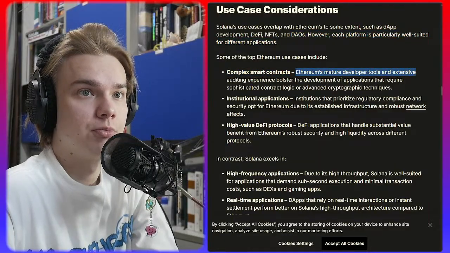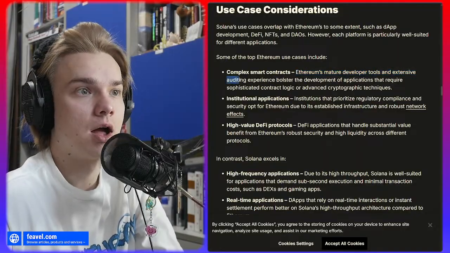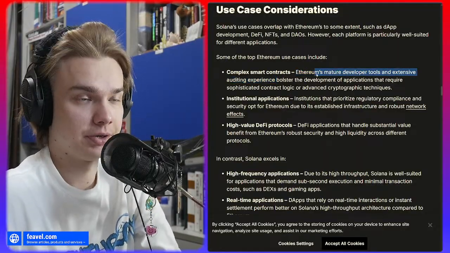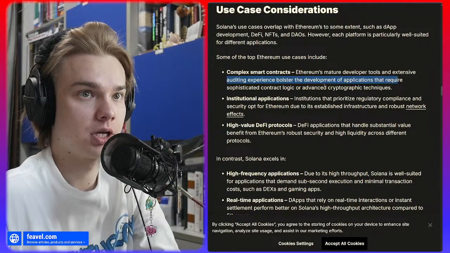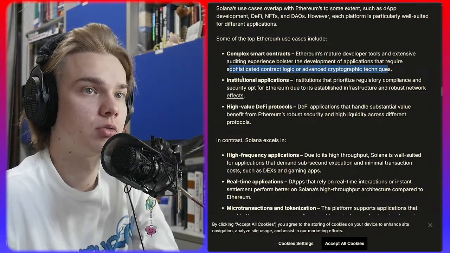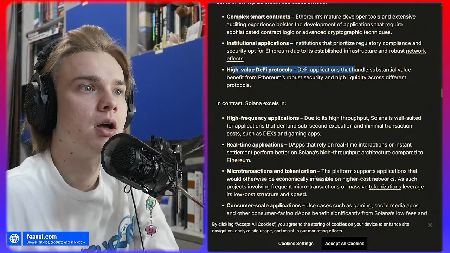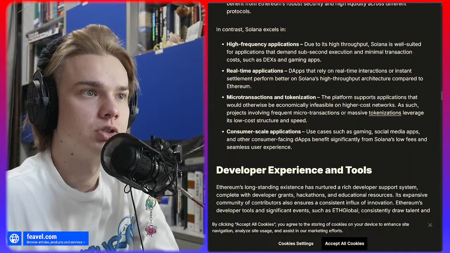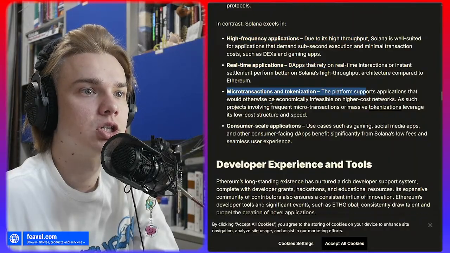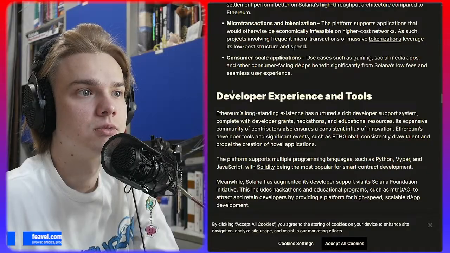Ethereum's mature development tools and extensive auditing experience bolster the development of applications that require sophisticated contract logic or advanced cryptographic techniques. Institutional applications. High-value DeFi protocols, high-frequency applications, real-time applications, microtransactions and tokenization. Consumer-scale applications.